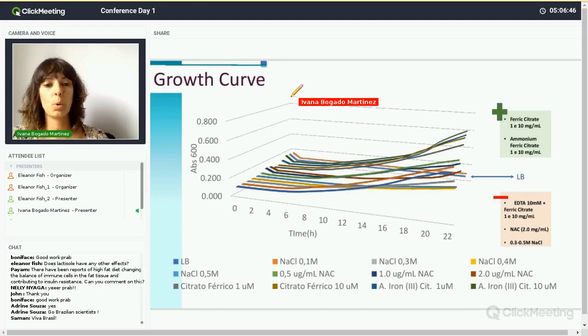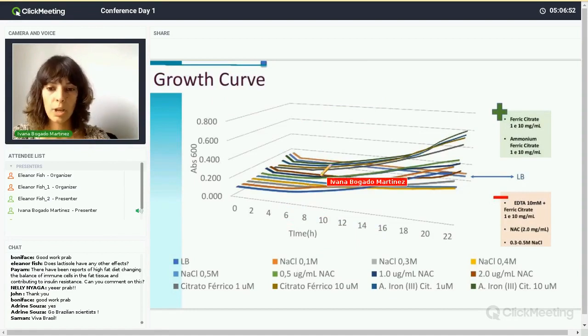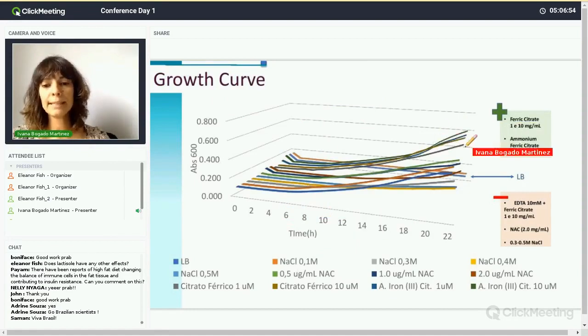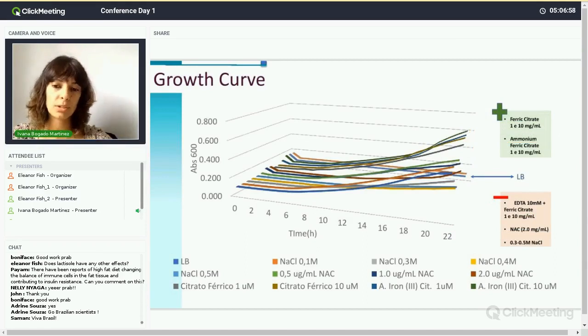Now, looking at the growth curve, we can observe the bacteria takes an average time of 6 hours to start to grow. And 22 hours after the start of growth, it hasn't yet reached the stationary phase that we were looking for.